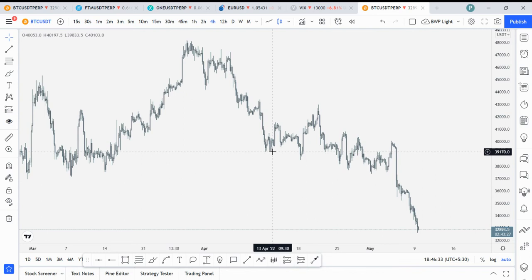Most of the time, they are usually buy orders. I'm going to explain why they are buy orders. So at this level, there are a lot of buy orders. Once price comes there and those buy orders get activated, what happens? Price goes up.